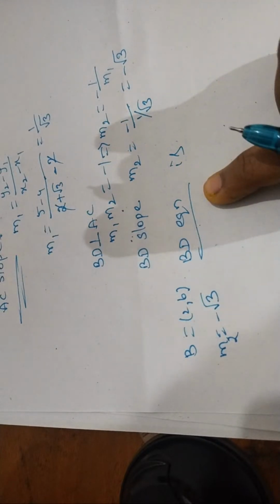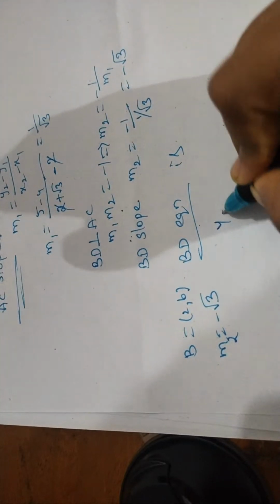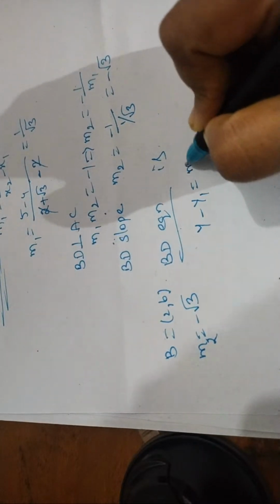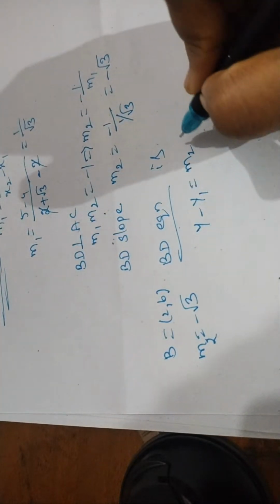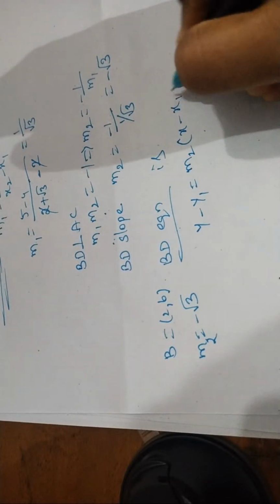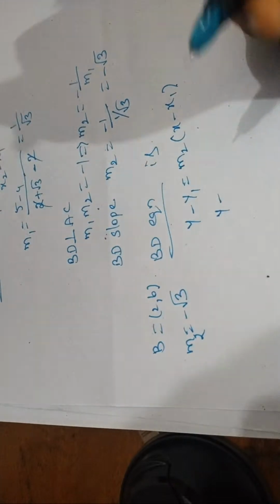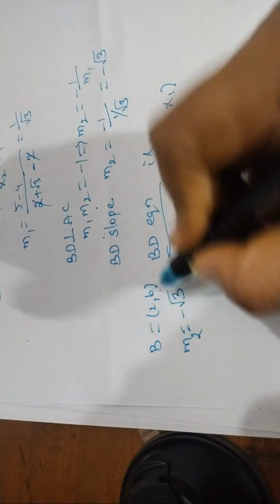What is the equation at that time? y minus y1 is equal to m2 into (x minus x1), where m2 is the BD slope. Write this point as x1, y1, where y1 is 6.